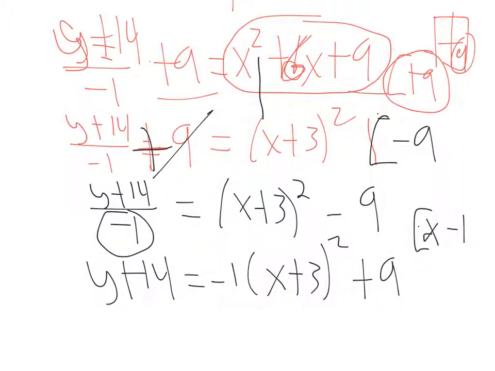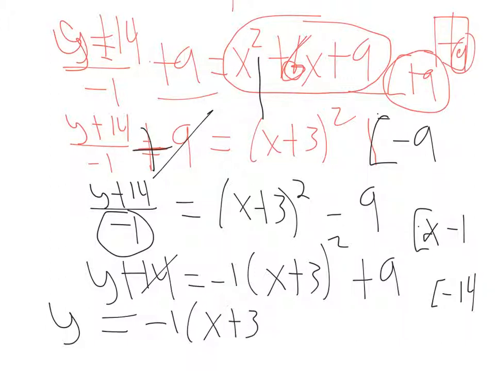So I multiply everything by negative 1. And then in my last step, I need to minus 14 from both sides. So I end up with y equals, that gets rid of that plus 14, negative 1 bracket x plus 3 squared, and then 9 minus 14 is negative 5.